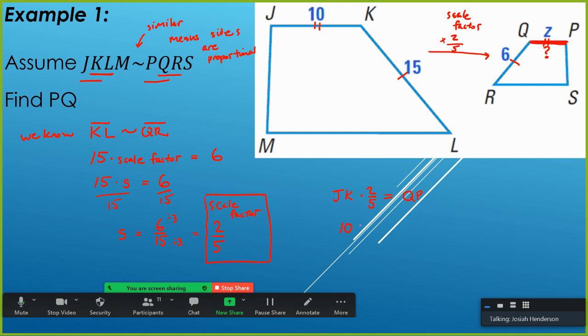JK is 10. 10 times 2, and then 20 over 5 gives me 4. So that means PQ or QP, the side we were looking for, is 4. So we have to find the scale factor by comparing two sides together, and then we use that scale factor to find the missing side.